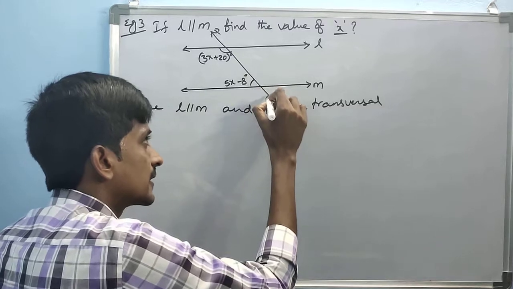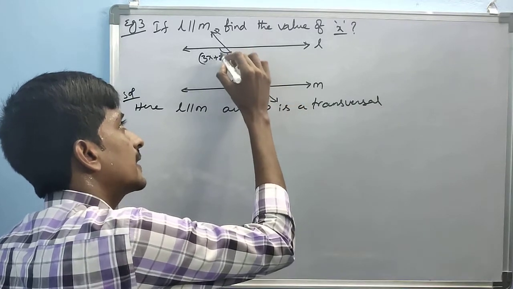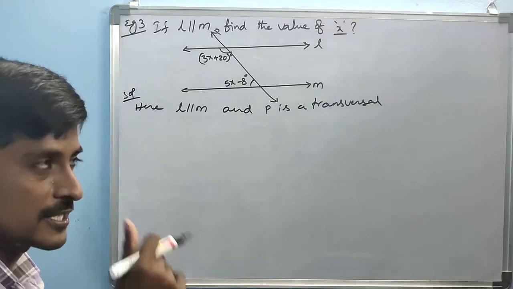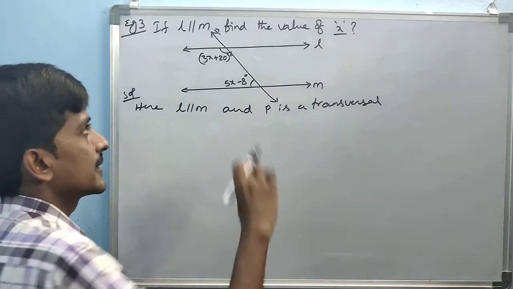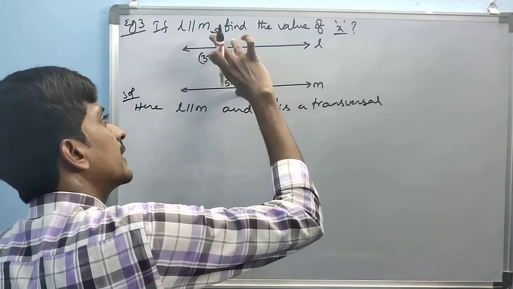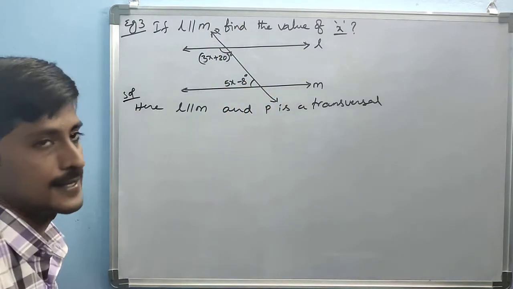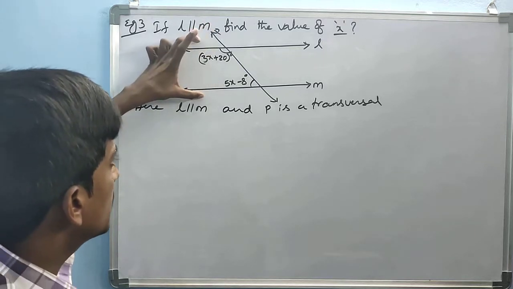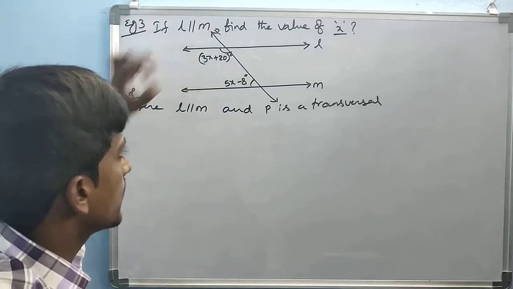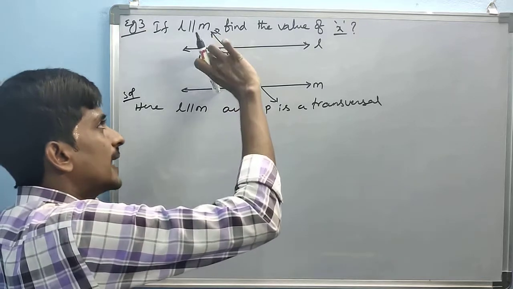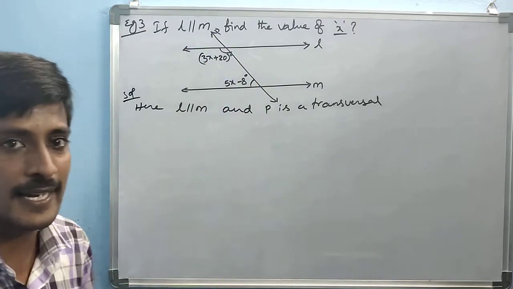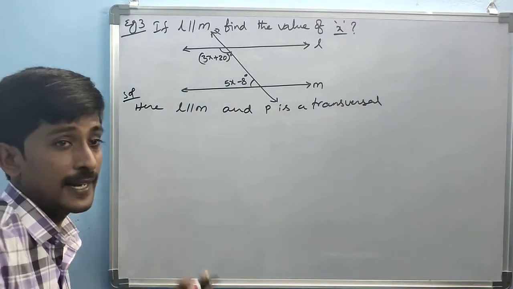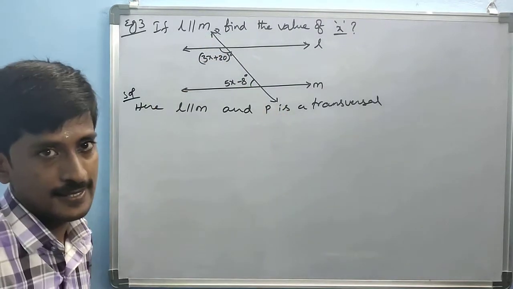P is a transversal. These two angles are on one side of a transversal. That is the first condition. Second condition is these two angles are in between these two lines, L and M. So these two angles are interior angles. That is the second condition. First condition is same side of a transversal. Second condition is interior angles.